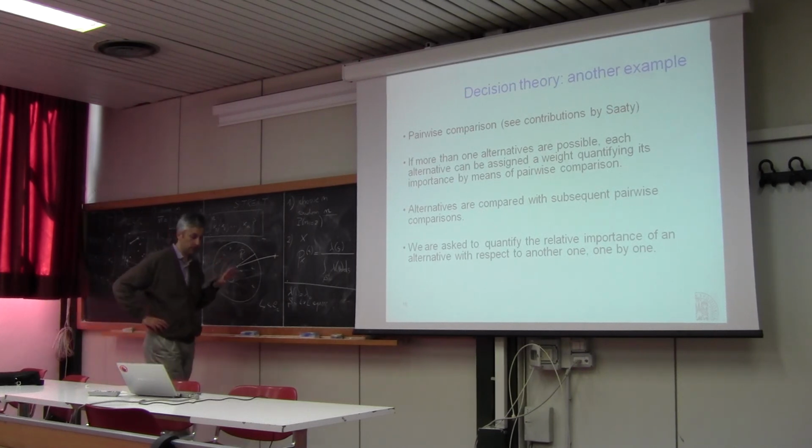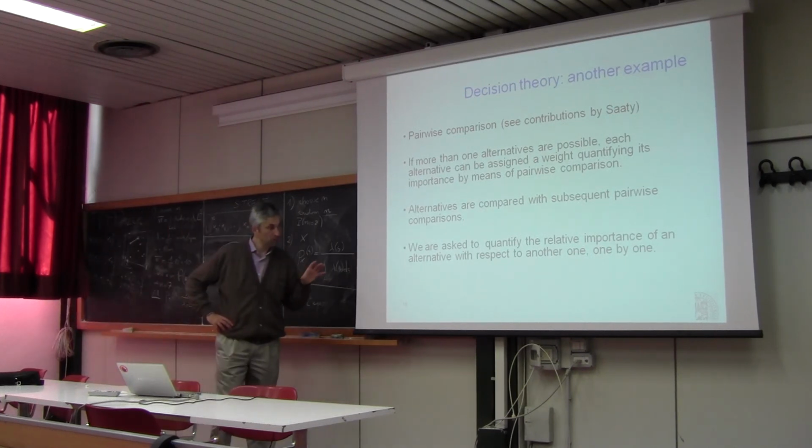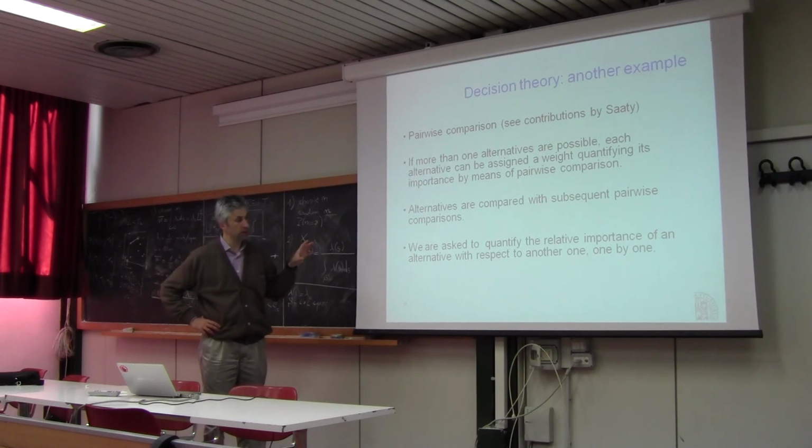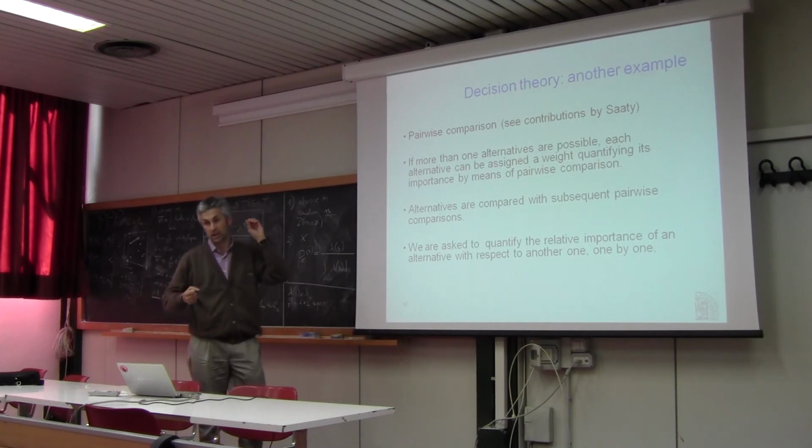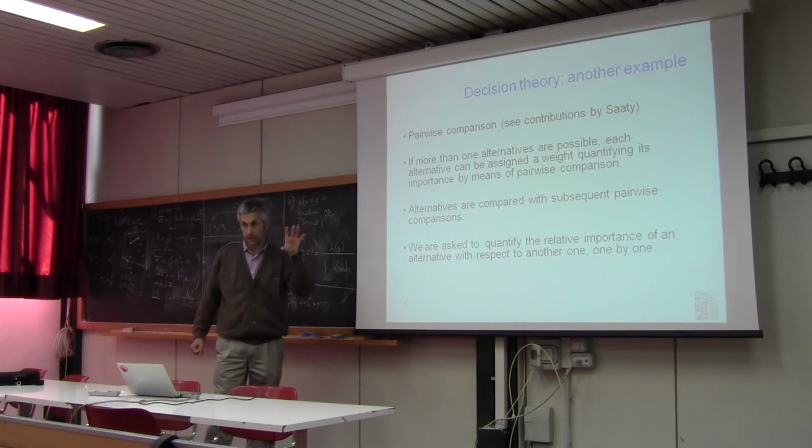I said that the most convenient way of dealing with different objectives is to assign to each objective an objective function and try to combine the different objective functions to obtain just one resulting global objective function.